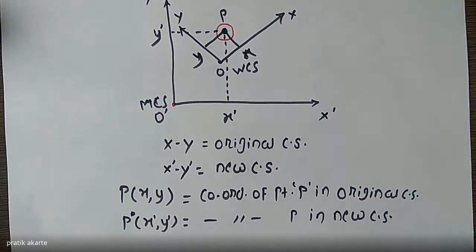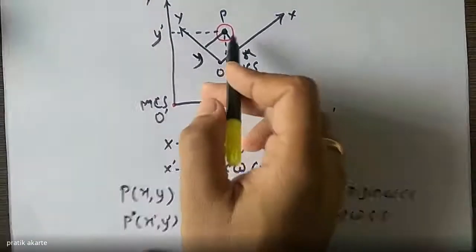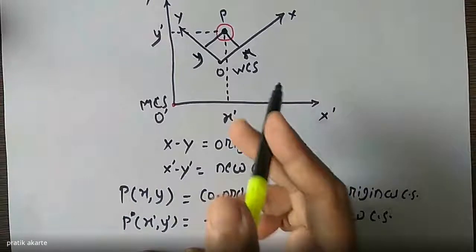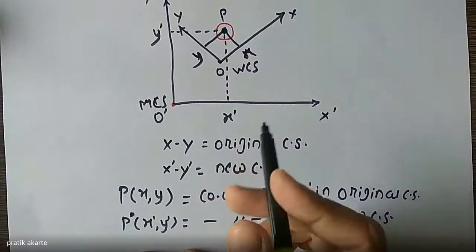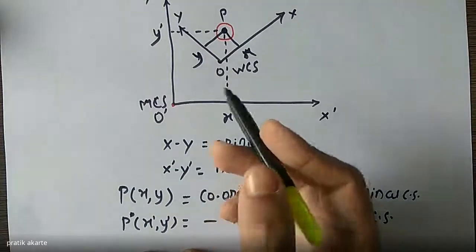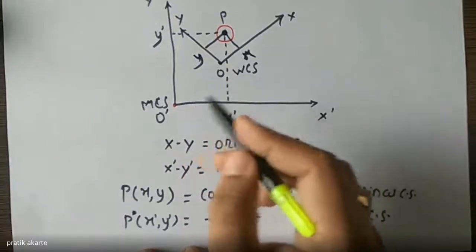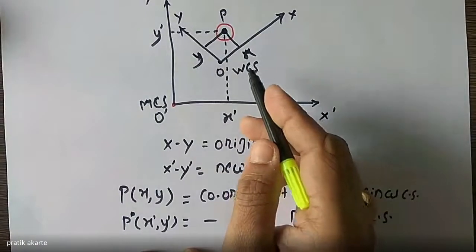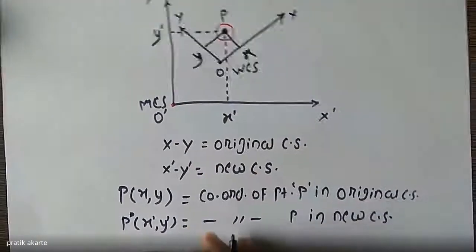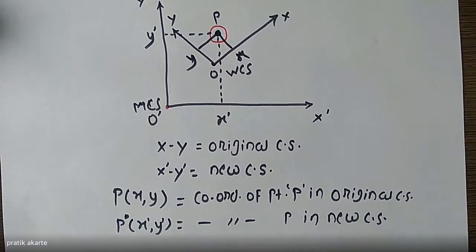Only two dimensions are involved. One model is involved, here a point, and two coordinate systems are involved: working coordinate system and model coordinate system. And we are exchanging the coordinate data from one coordinate system to another. So this is what we call two-dimensional geometric mapping.